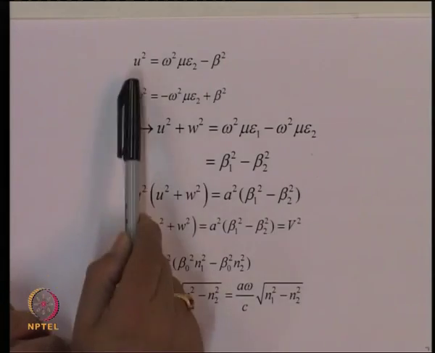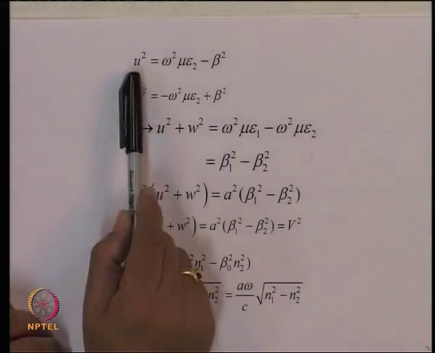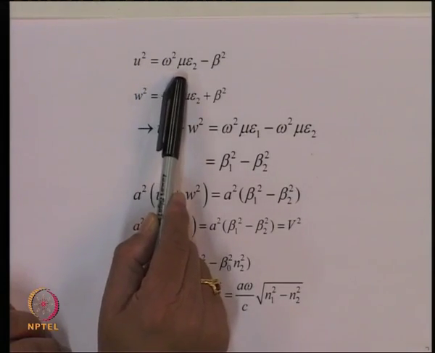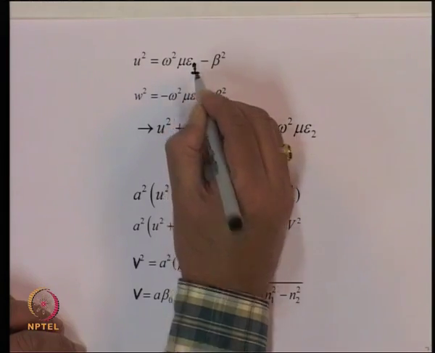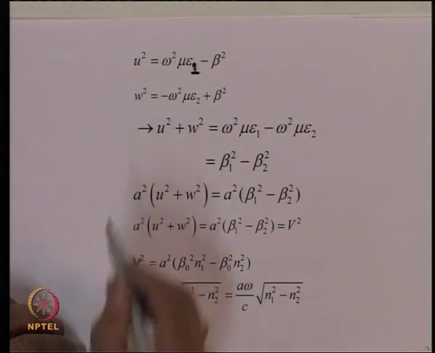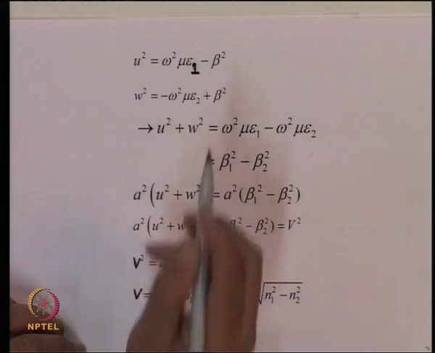With this understanding, one can now look at some more features. If I look at this quantity u square which you have defined here, u square is equal to omega square mu epsilon 1 minus beta square, and w square is equal to beta square minus omega square mu epsilon 2.